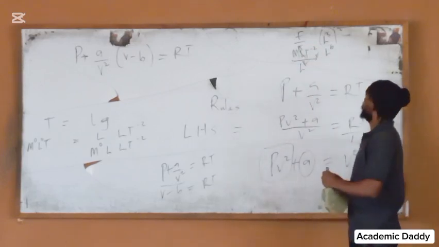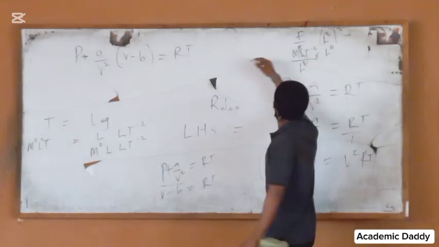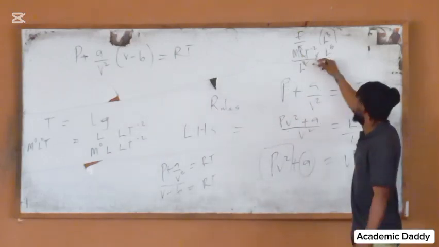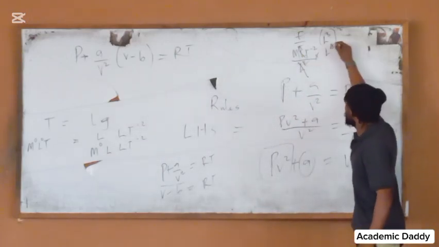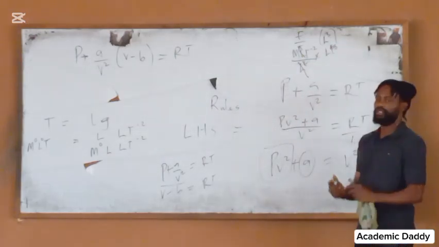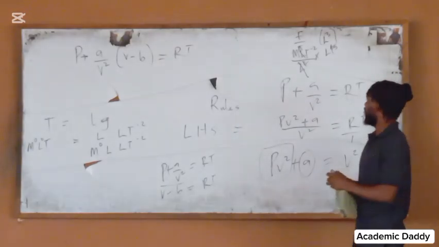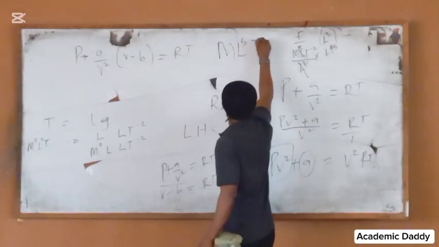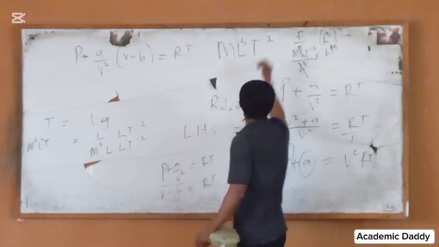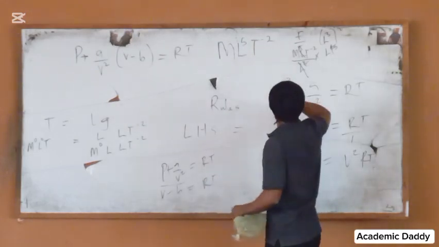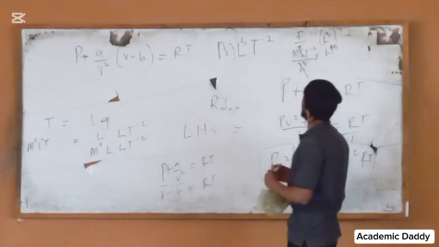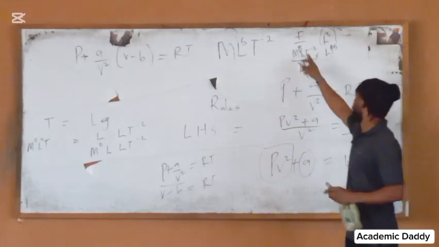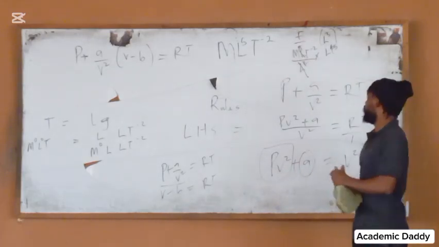Is it not true? Yes. So that I'm left with, and notice again, this will cancel this and it will remain 5. Should we agree? So that I'm now having ML5T minus 2. That is what I have when I multiply pressure with volume square.